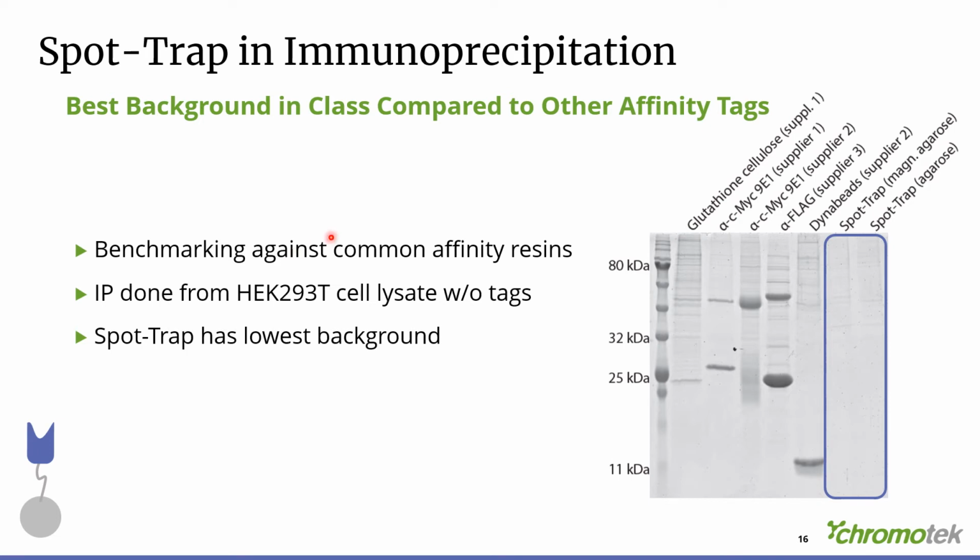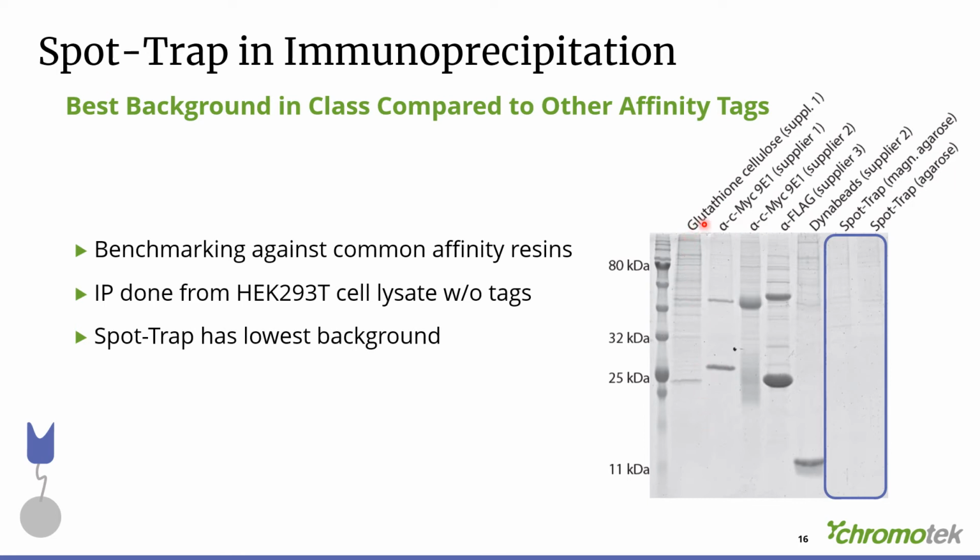So what have we done? We have done a benchmarking against other common affinity resins, and then we have done this immunoprecipitation from HEK cell lysates without any tags, and just looked into the background. So what you can see here is an SDS gel of this HEK cell immunoprecipitation just with the resins, with the beads named here from various suppliers.